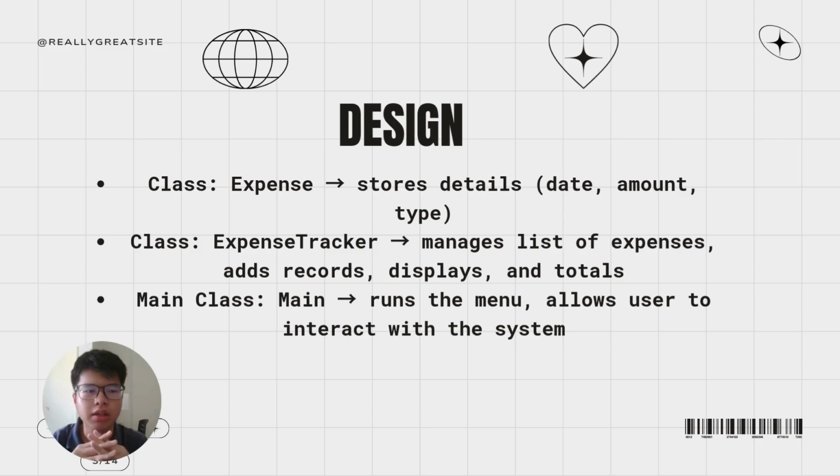Number one is the Expense class. Number two is the subclass that extends Expense, and number three is the main class that controls the process. This design helps make the program modular, reusable, and easy to maintain.